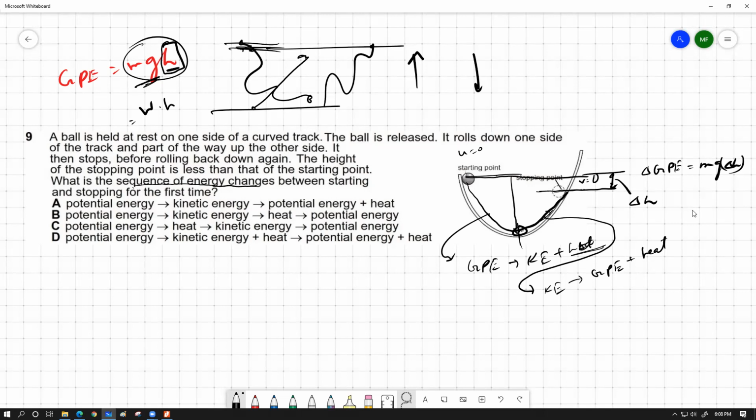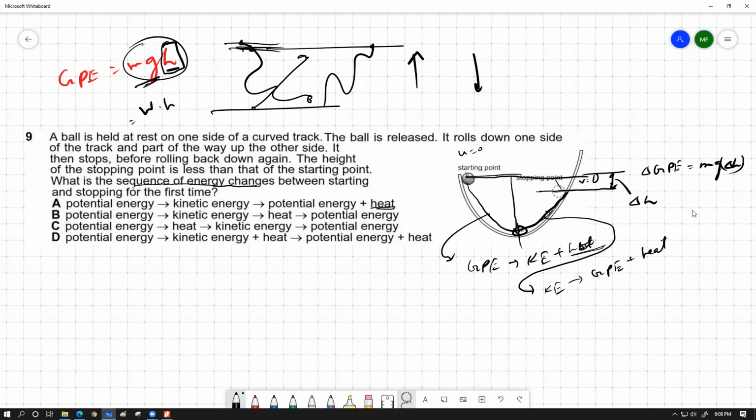So let's have a look at which one seems like the correct answer. Option A says potential energy into kinetic energy plus gravitational potential energy plus heat. What they're proposing is that heat will only be produced in the rising part, not the falling part, because in the falling part we don't have kinetic energy plus heat. So this is not appropriate. Option B says potential energy converts into kinetic energy, which altogether converts into heat, and then the heat converts into potential energy.